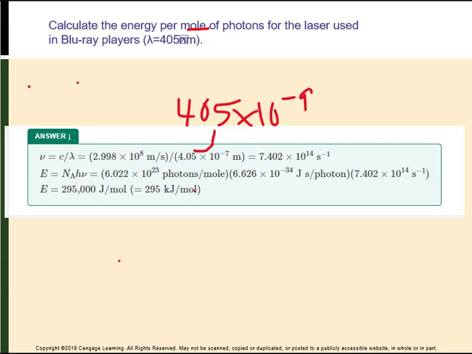Additionally, no single experiment has yet been done to show electromagnetic radiation behaving simultaneously as a wave and a particle. So interestingly enough, scientists now accept this wave-particle duality, that is, the idea that electromagnetic radiation has the properties of both a wave and a particle.